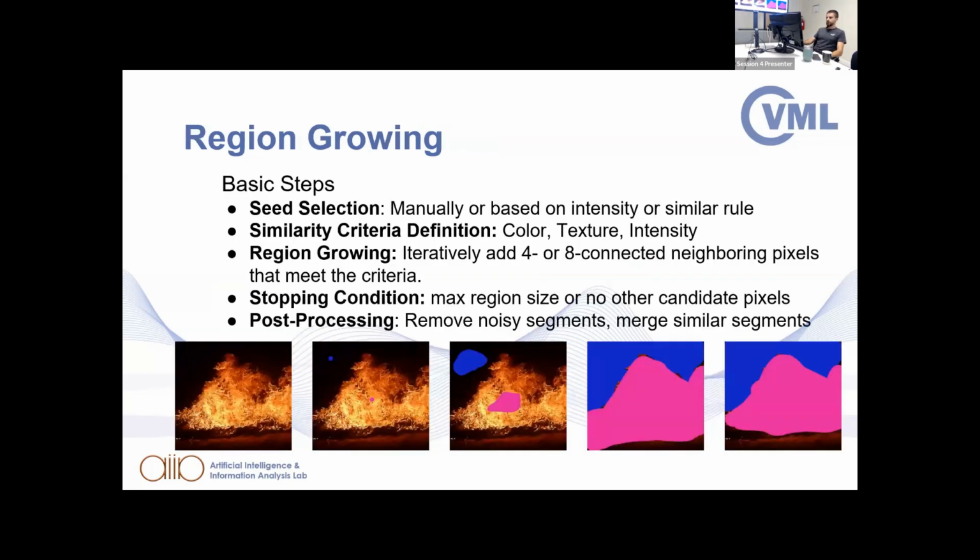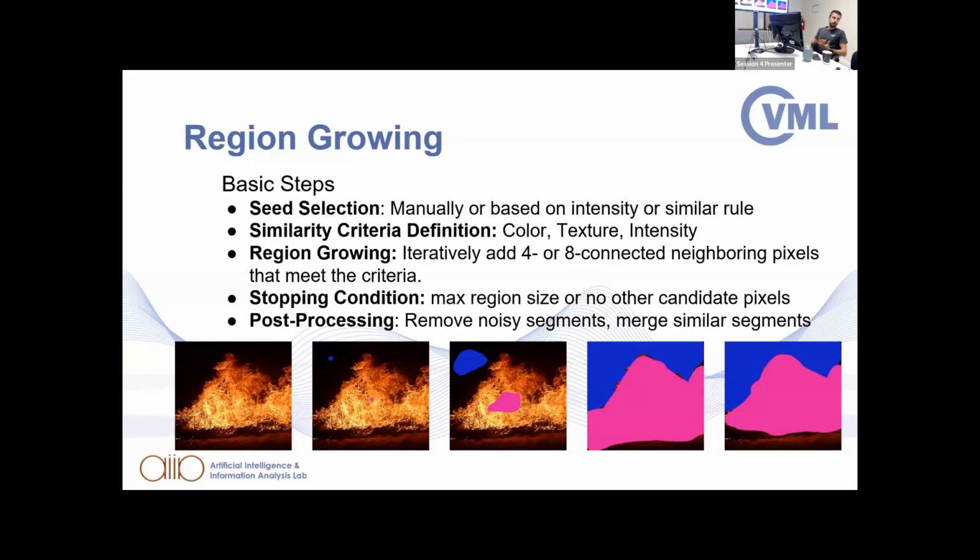The second classical strategy is region growing algorithms. This method starts with a small area called seed selection. These may be some points that are manually or automatically selected. Then we have some criteria by which we append the neighboring pixels to these original points.